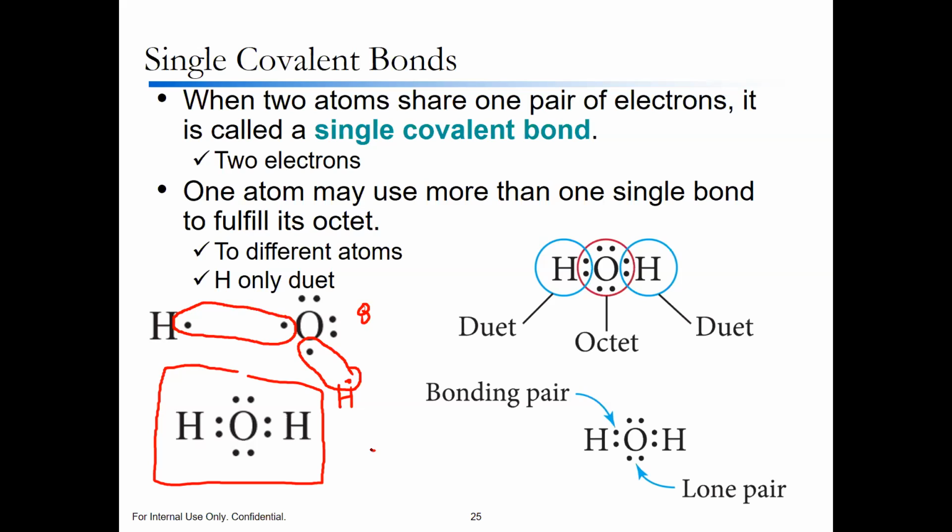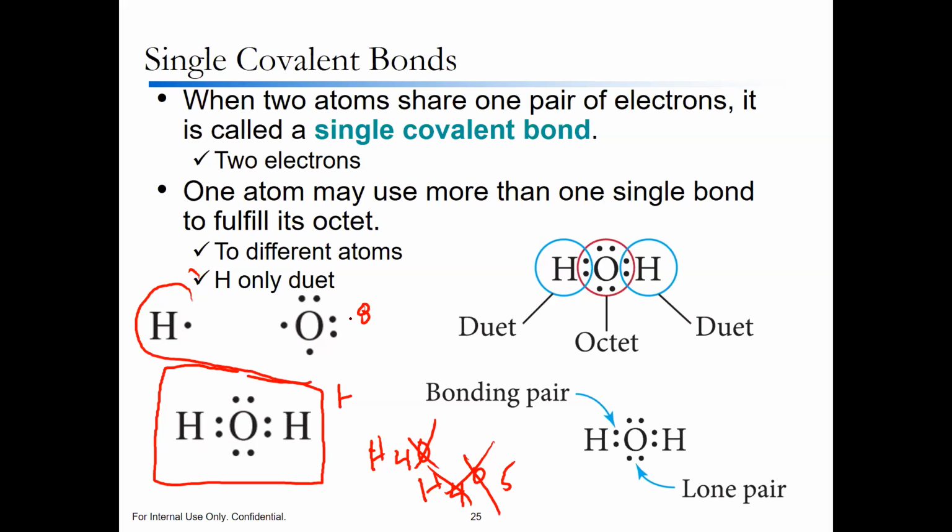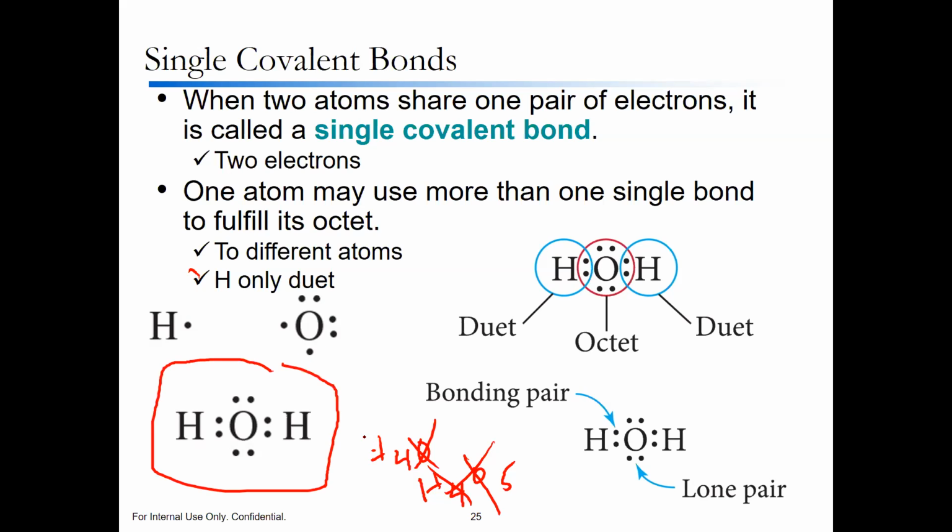Water doesn't form H4O or H5O. How could hydrogen and oxygen come together to get 8 electrons around oxygen? H2O. So this octet rule predicts why water is H2O, not H4O or H10O.